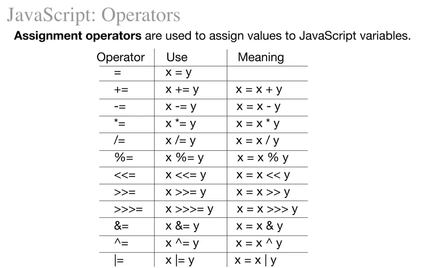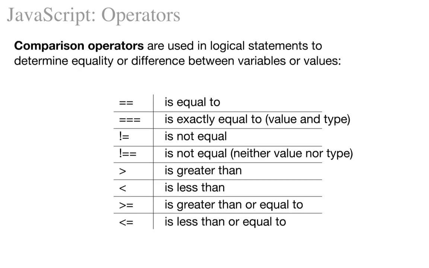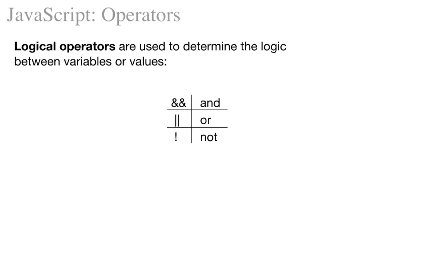Assignment operators are used to assign values to JavaScript variables. Comparison operators are used in logical statements to determine equality or difference between variables or values. And logical operators are used to determine the logic between variables or values.